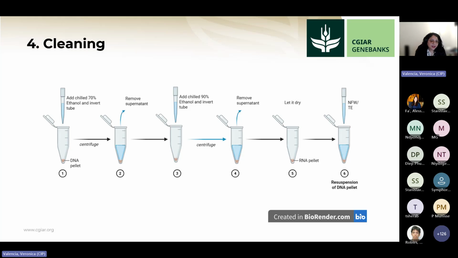But it's not necessary if you see that the DNA is, sorry, I didn't change this. If the DNA is already dry, after that we add water, nuclease-free water, NFW, or Tris-EDTA, right?